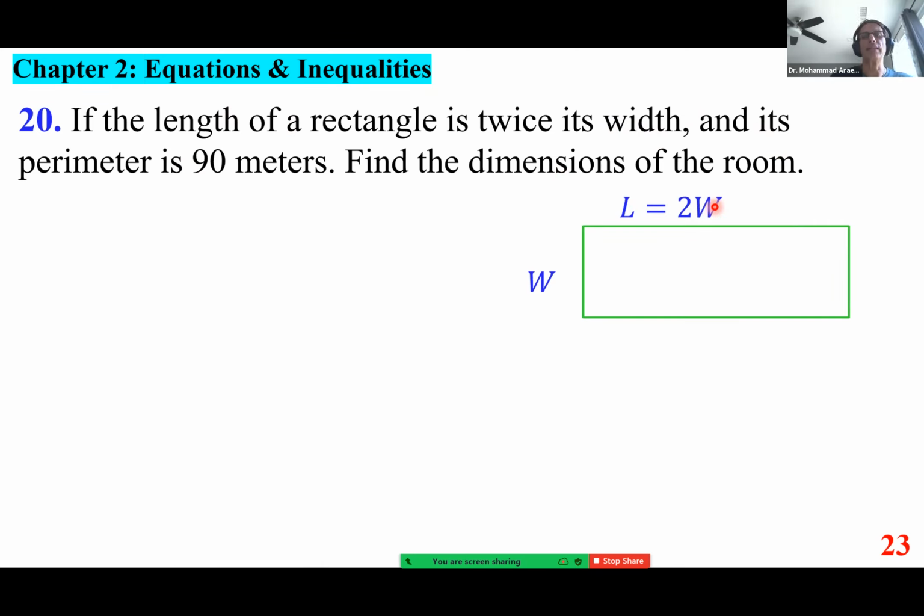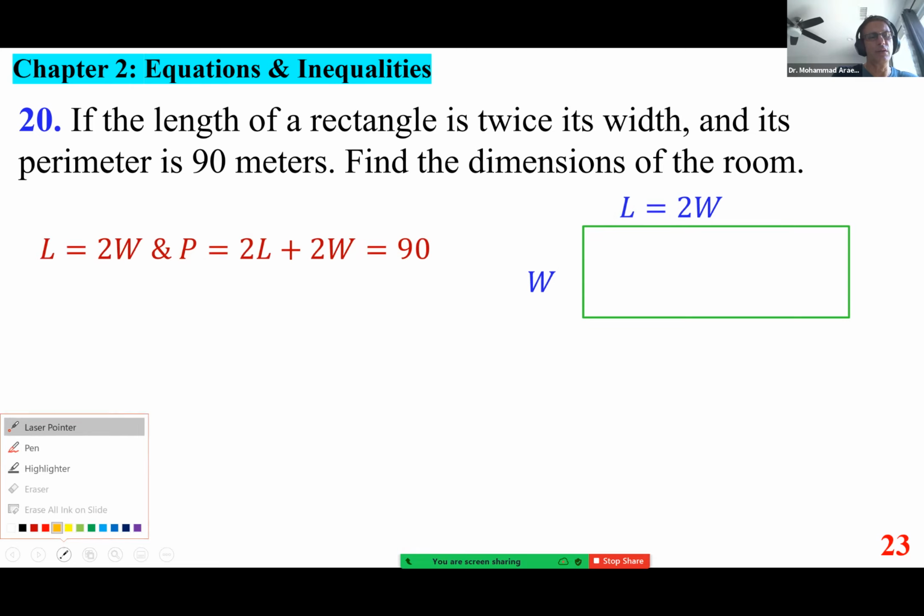So we know that the relationship between the length and the width is that length is equal to 2 times the width. And we know P is 2L plus 2W, which is given as 90. And here's the formula. By the way, the formula could be as 2 times L plus W. Either way is fine.